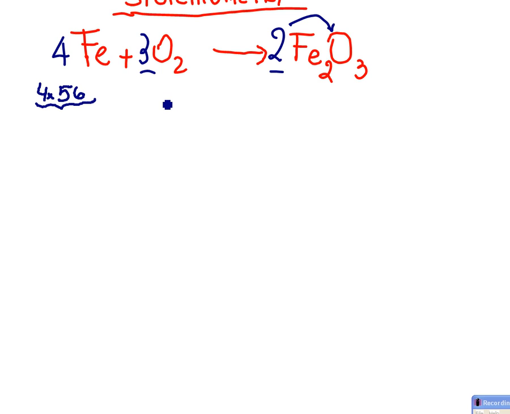So in this case it's going to be 32, okay, times 3. And this is in grams, guys. And this is in grams as well. And this is grams of iron. We need to put the units. And this is grams of oxygen.